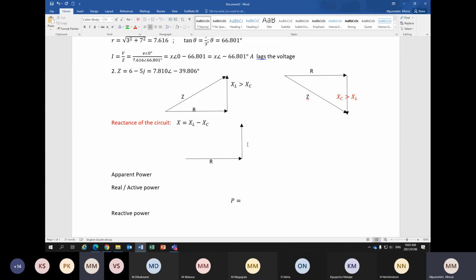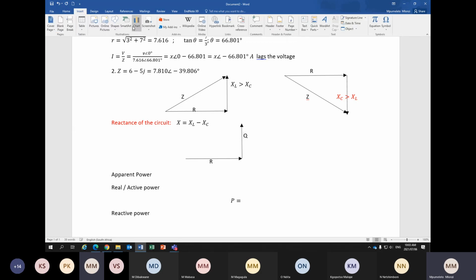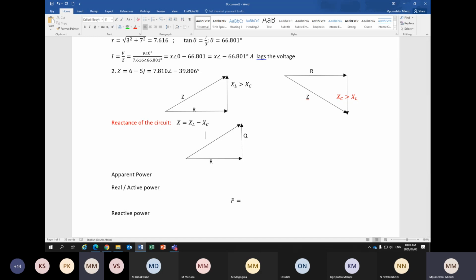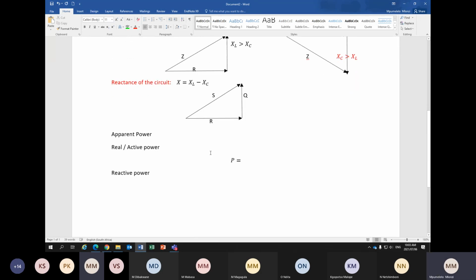This is the reactive power. And the last one will be on the hypotenuse, and this is S, which is the apparent power.